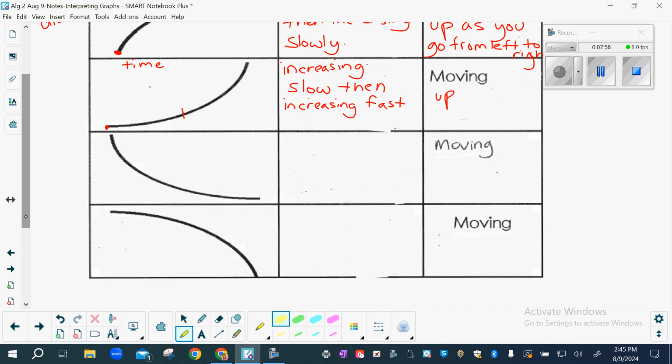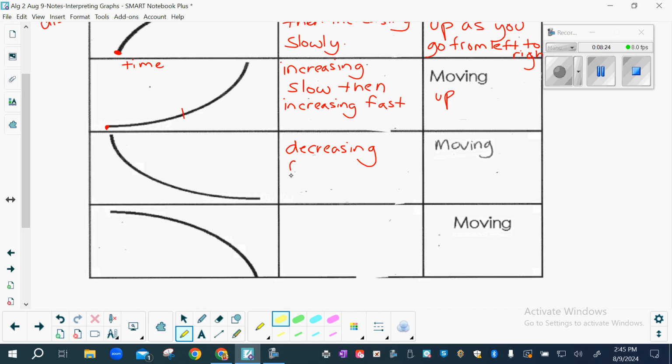And then what about this one? Increasing or decreasing? Decreasing now. So we're decreasing, we're going down. And then is this part of the graph decreasing fast or slow? Fast, because it's steep, so it's quickly decreasing.